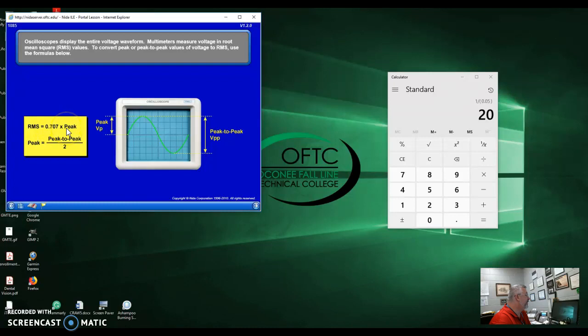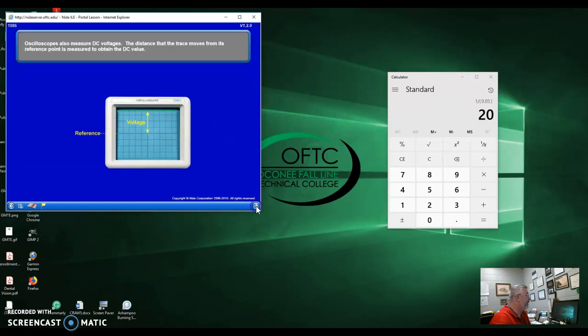So it's a reduced value. So the peak to peak would be even greater than that. We could do some backwards math and get it. But this 120 that we're reading is actually dividing this in half and then multiplying it by 0.707. So quite a bit of reduction. So the peak to peak value of our AC home voltage is much higher.